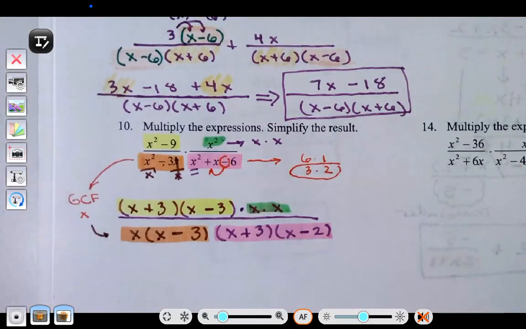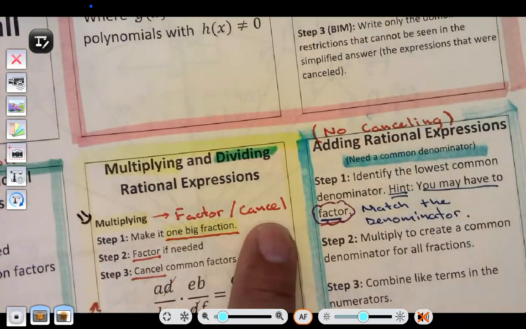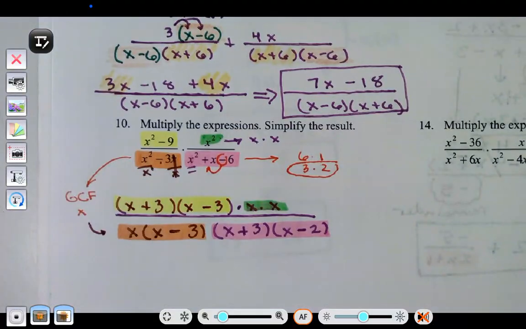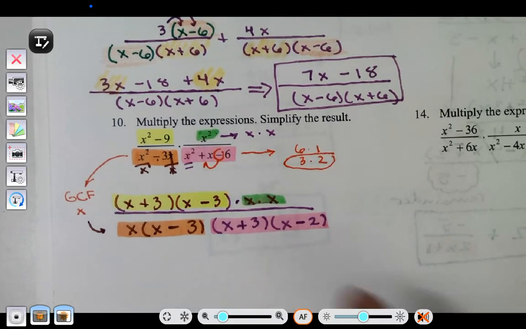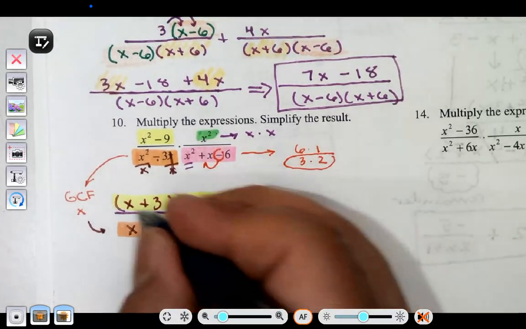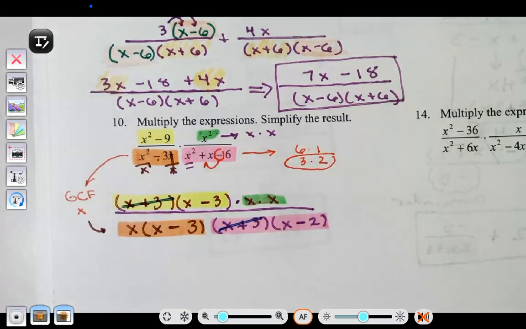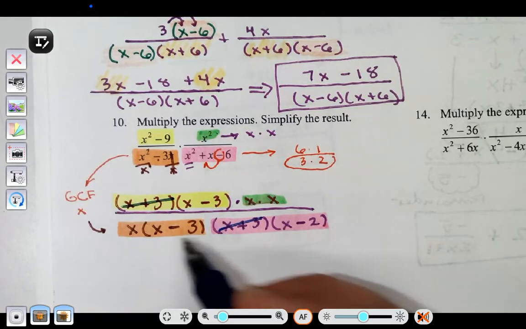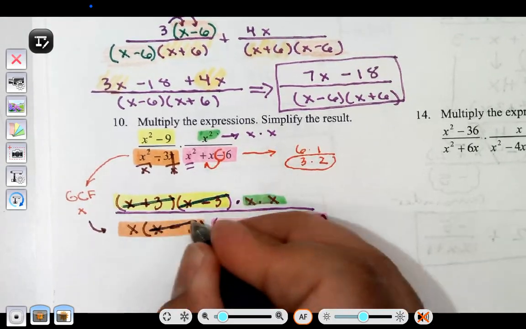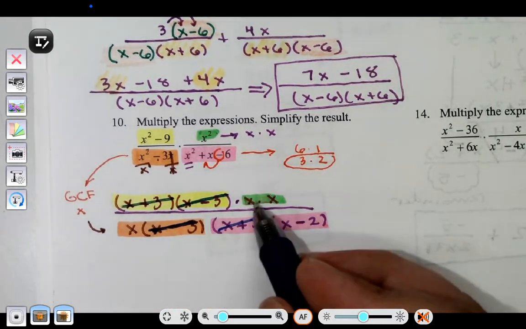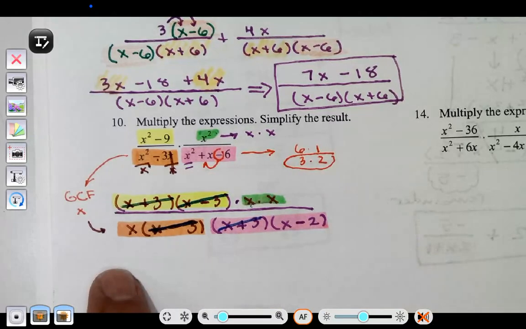Well, it said factor and cancel. So I can cancel anything from the top with anything from the bottom, but they have to be a perfect match. So when I look carefully, look, x plus 3, gone. There's an x minus 3 and an x minus 3, all or nothing, gone. Remember how we wrote the x squared twice? It does come in handy.